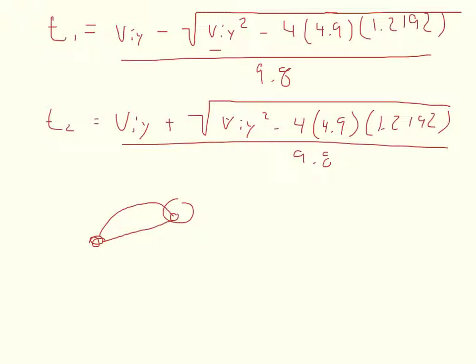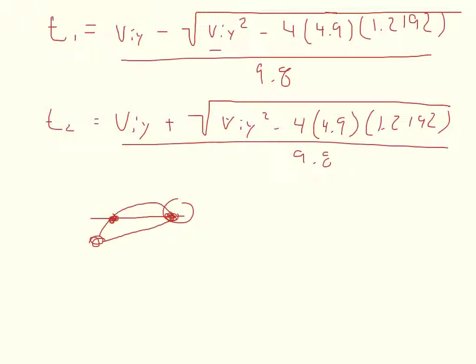The second thing we need to notice is that when we shoot this ball up, it comes to the height of the hoop right here and right here. So t1, whenever you subtract, is always going to be a smaller number than t2. That corresponds to the ball rising, and t2 corresponds to the ball falling through the net.